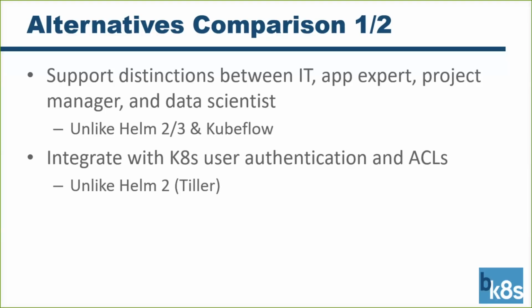If you're using a solution like Helm 2 with Tiller that sits out in front of the API, where you authenticate to that other solution first, and then it sort of acts like a super user to Kubernetes, then you don't have that benefit. There may be reasons you want to do that approach, but in many cases it's more natural and more easy to keep secure if you just have this one authority of user privileges.